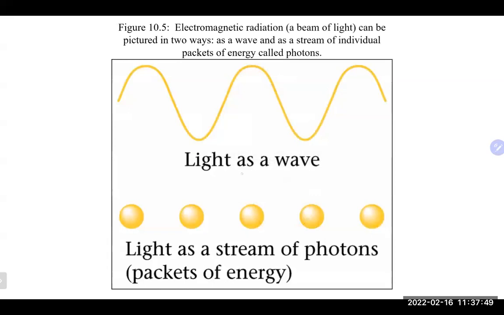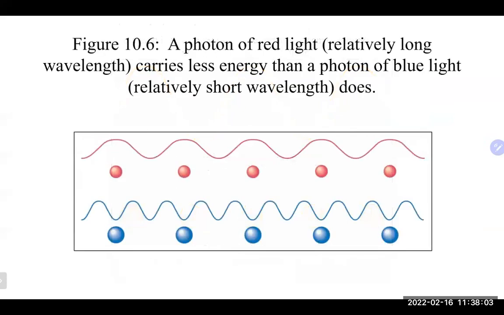So here is light as a wave, having wave-like functions, but also particle-like functions, that dual nature where it can travel like particles and also have wave functions. And here, as I mentioned before, is red versus blue. Red has a lot less energy than the blue light. Blue has a lot more energy and a shorter wavelength, versus the longer wavelength of red.